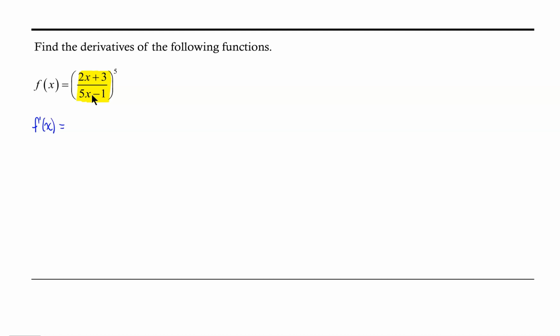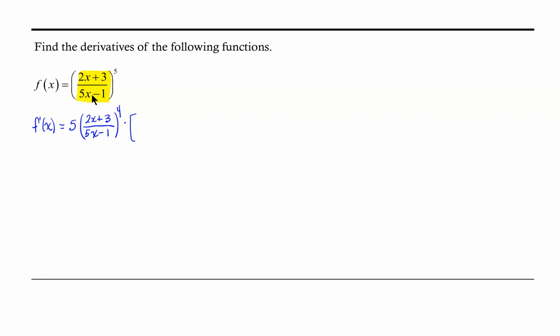So we have a fifth power, so something to the fifth power is 5 times, leave that argument alone, to the fourth power, and then we'll multiply by the derivative of that argument. But I said we leave that argument alone, so let's go ahead and put our argument inside that fourth power. And then now we need to take the derivative of the argument.